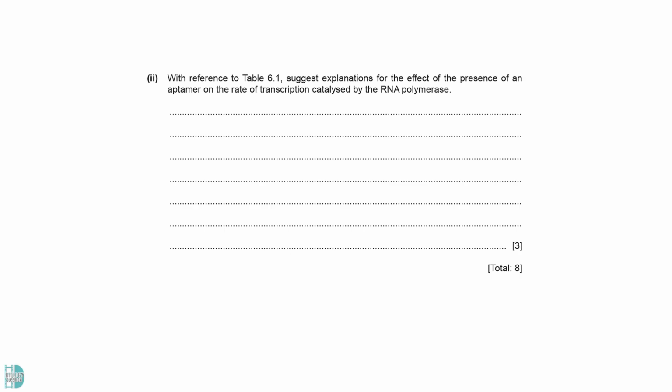2. Suggest explanations for the effect of the presence of an aptamer on the rate of transcription catalyzed by the RNA polymerase. The question wants you to discuss the rate of transcription. So, you should look at Vmax, the maximum velocity or rate of reaction. Vmax of the enzyme is lower in the presence of aptamers.